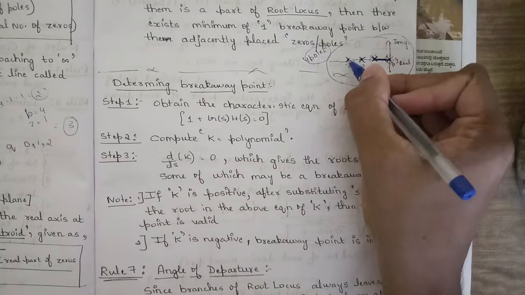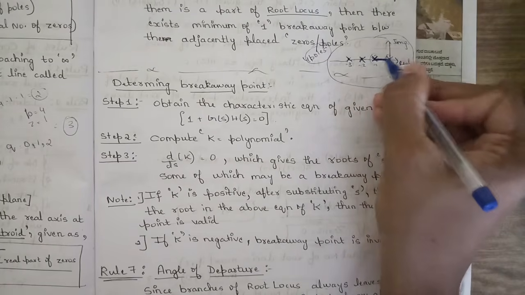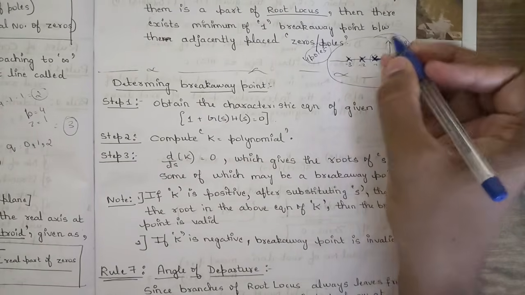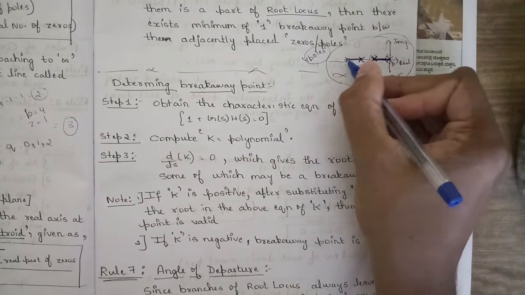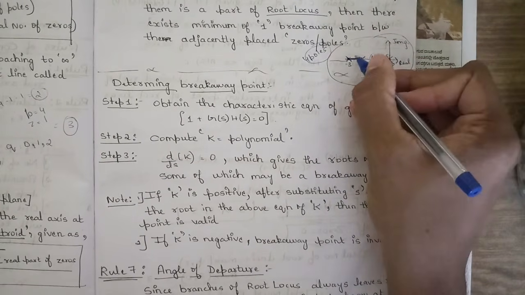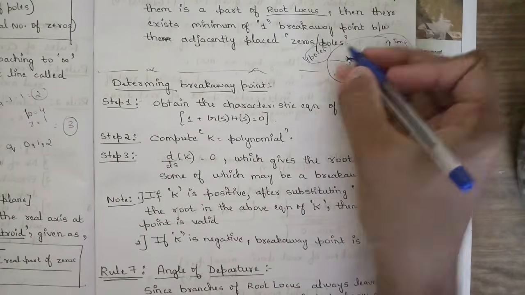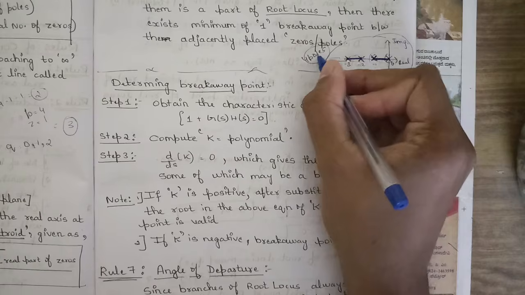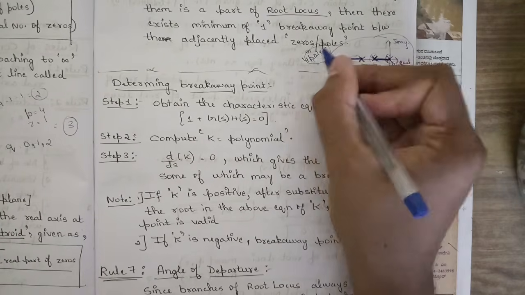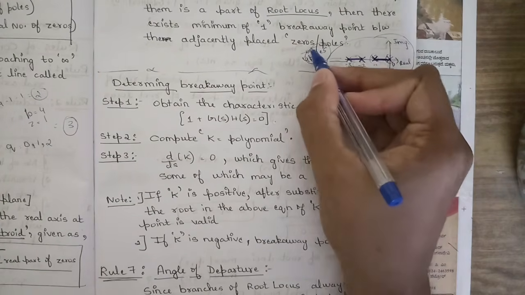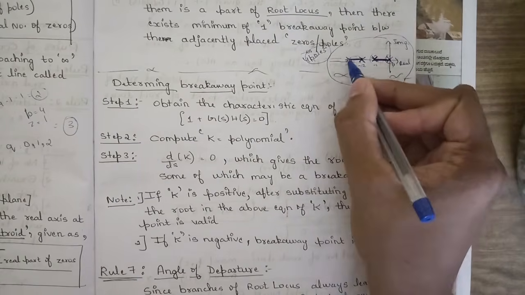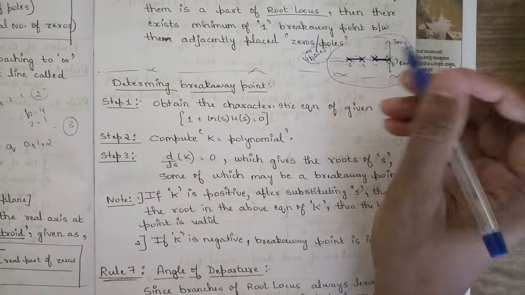Similarly, from this point, if you observe the right side, we are having three poles, that is an odd number of poles. So we can say that again this is a part of root locus, where in this region the breakaway point can exist. Similarly, if we don't have any pole here, we can consider that as minus infinity. From minus infinity, if you observe, we are having 4 poles, an even number of poles.